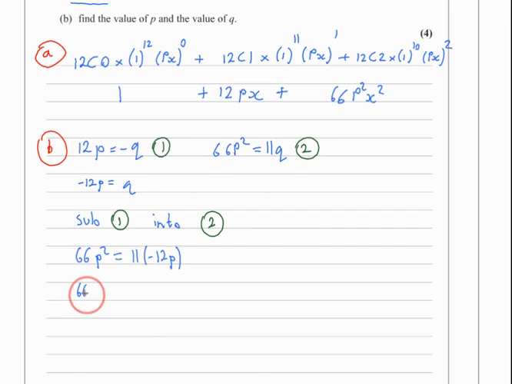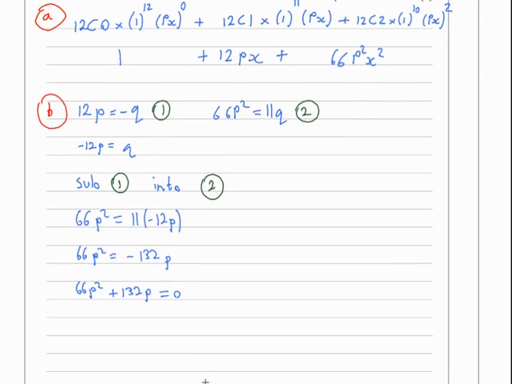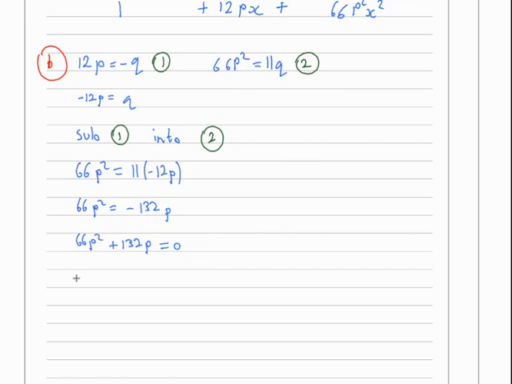So I have 66p squared is equal to minus 132p. 11 times minus 12 is minus 132. Then I'm going to do 66p squared plus 132p is equal to 0. I've got a quadratic, which I can factorize.